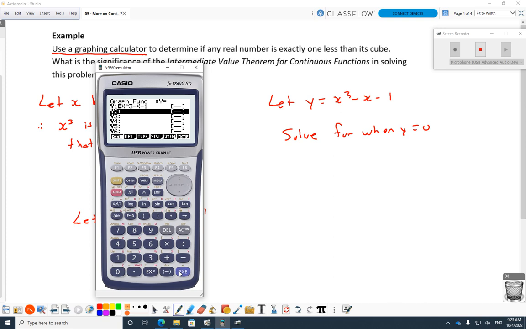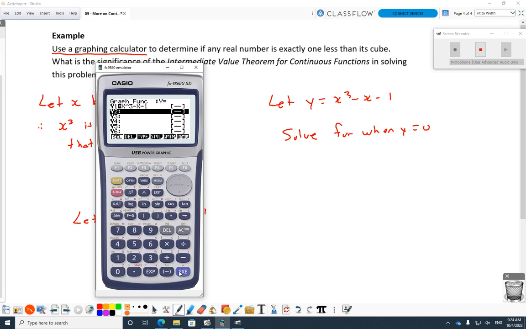Before I hit draw, is there going to be an answer? Does there have to be somewhere where this thing is equal to 0? That's what the question's asking. It didn't ask what the real number was. It says determine if there's a number that equals 0.